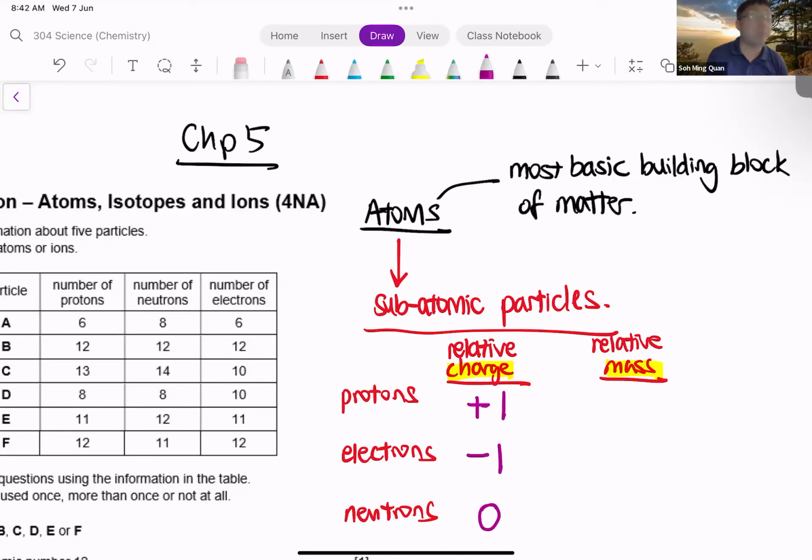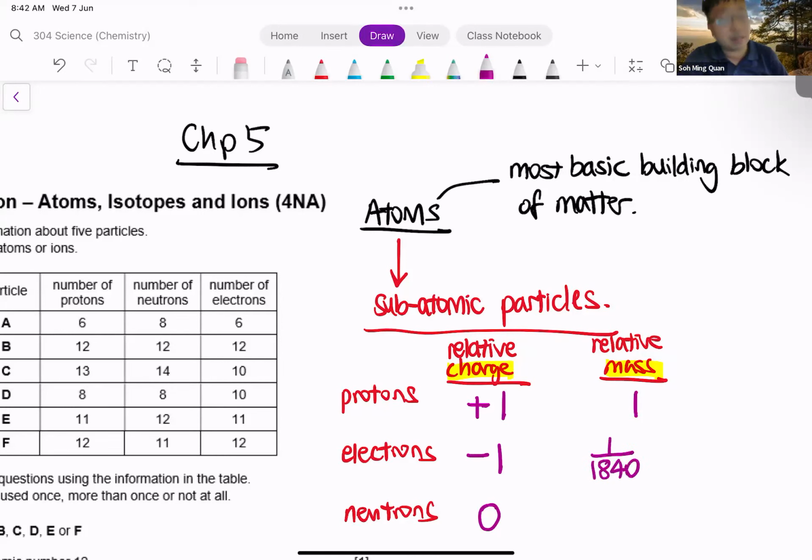Then we move on to the mass. The relative mass of a proton is 1, whereas that of an electron is 1 over 1840, or 1 over 1836. You will see both versions. The reason is because 1840 is a rounded off number to 3 significant figures.